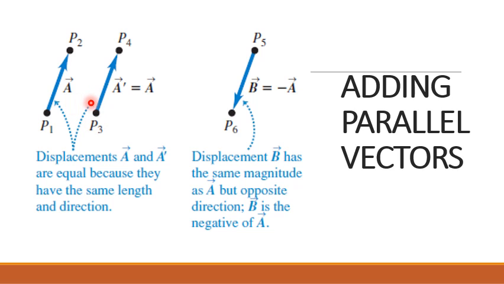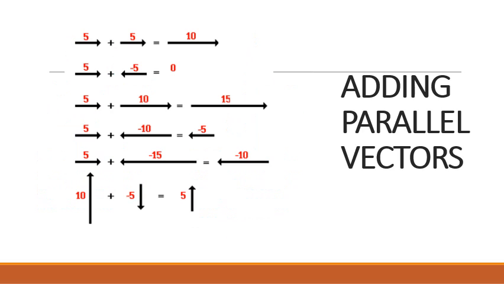If they have the same magnitude, then they are considered equal vectors. While the other one, p sub 5 to p sub 6, is heading towards the opposite direction, opposing the direction of the first two vectors. Therefore, this is a negative vector. As you can see, it's a vector b equals the negative of the vector a. It's opposing the previous vector.